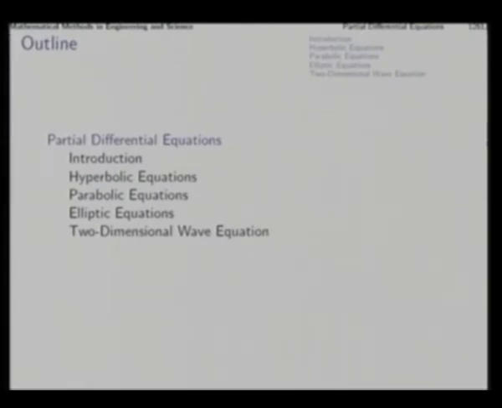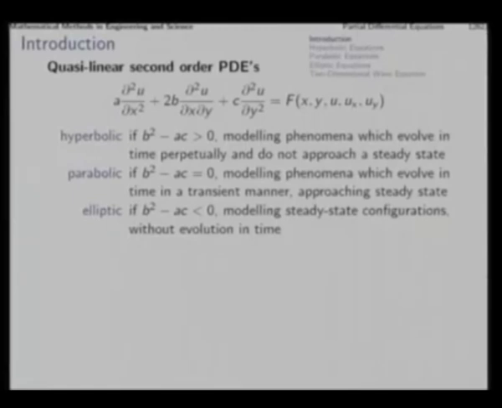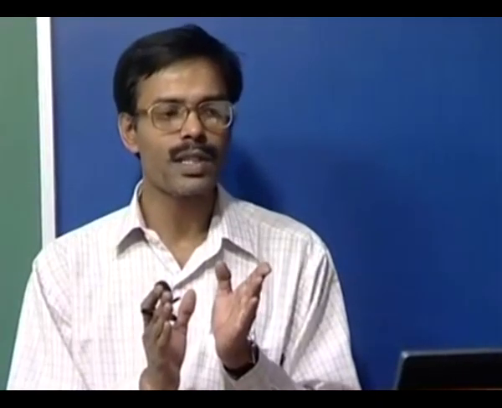So, first we fix the special class of partial differential equations which we will be studying, because as you know, the field of partial differential equations is so vast that a full course itself is needed to do justice to that topic.